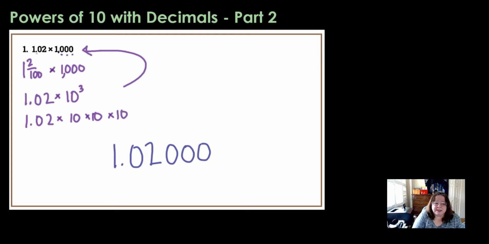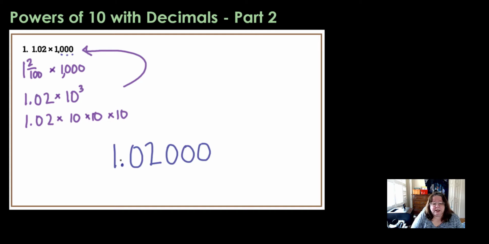If there was no decimal point, yes, I would really need to add 3. Even when there's a decimal point, I like to add 3 just to keep my steps the same. But I'm actually moving the decimal place 3 place values to the right. I just want to make sure that I have enough zeros to do that. And so I like to add my zeros first.